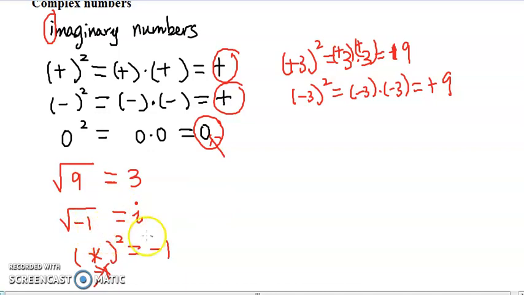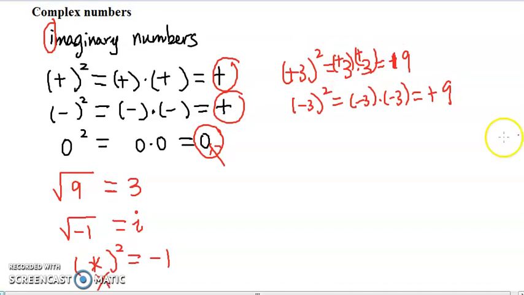But imaginary numbers and complex numbers do have a lot of applications in engineering. So again, we're only going to introduce them. So what's a complex number?